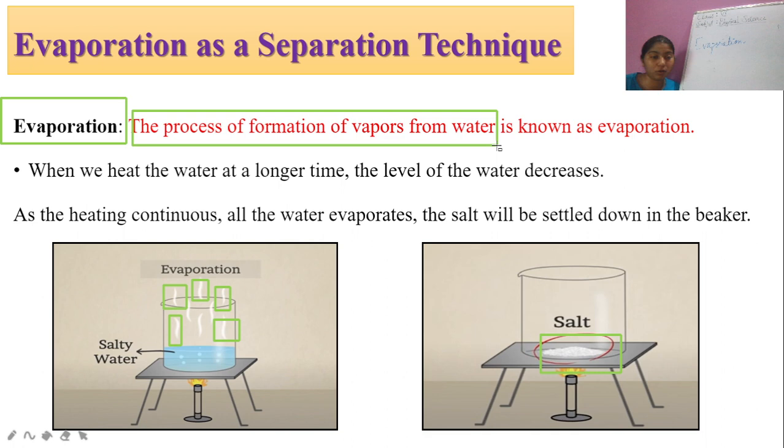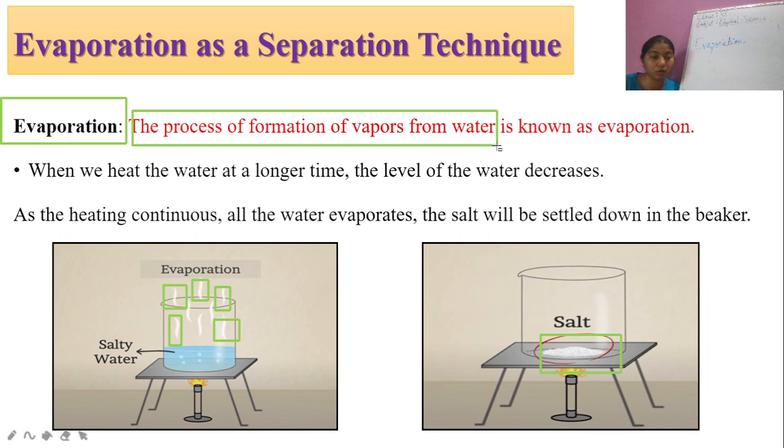This is a beaker containing water, and whenever you heat this beaker, some vapors come out, which are vapors of water. So the process in which vapors form from water is called evaporation.